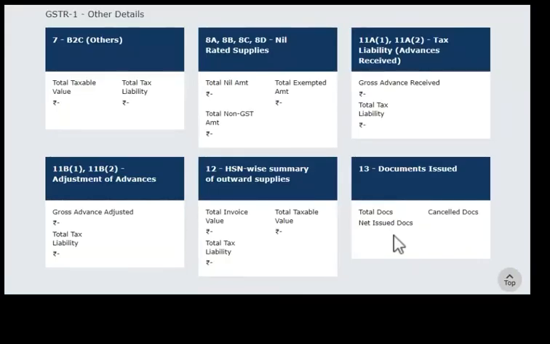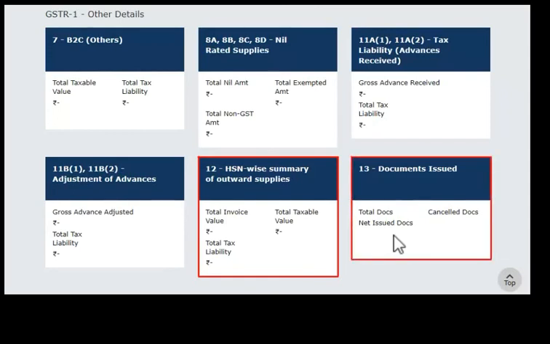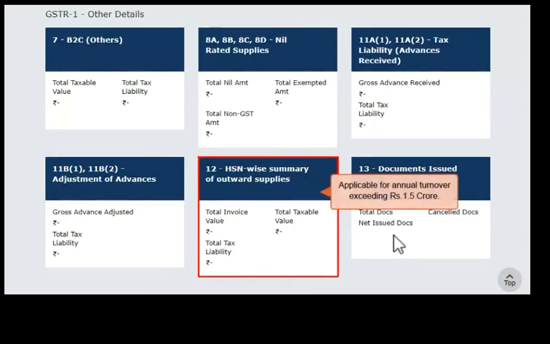Before concluding this course, I want to show brief about two more categories. These are HSN or SAC Summary of Outward Supplies and the section that captures the list of documents issued. The HSN or SAC-wise summary of outward supplies needs to be reported if the annual turnover exceeds 1.5 crore rupees.